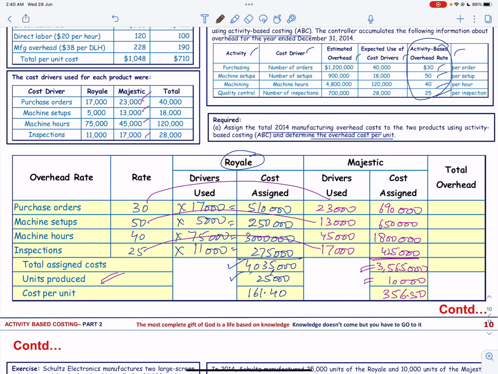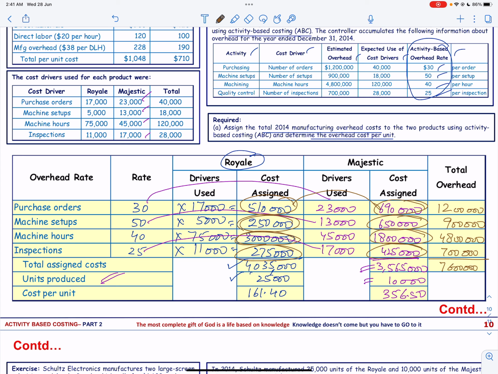And now we are going to add up the two. We add up the cost of Royal and the cost of Majestic, that is 510,000 plus 690,000, that is 1,200,000. 250 plus 650, that is 900,000. 3 million plus 1,800,000, that is 4,800,000. 275 plus 425, that is equal to 700,000, and the total will be 7,600,000.